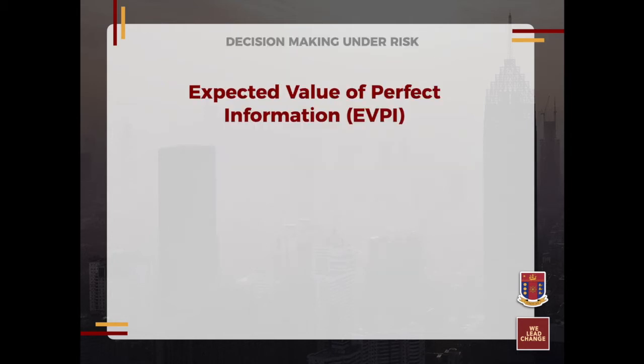This time we talked about expected value of perfect information. By the term perfect information, it involves you having to do research, paying your consultants. And why do we need to do this? This is for you to know the value of that additional information added to what you have already researched.